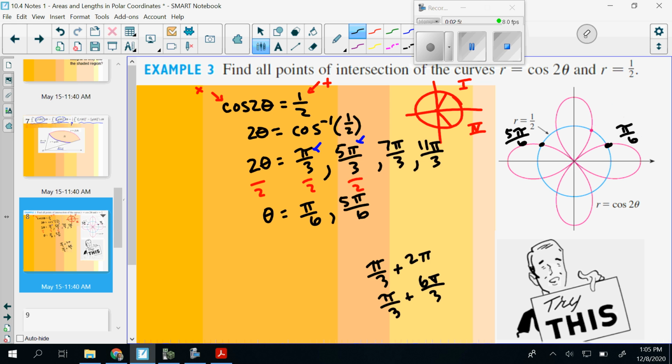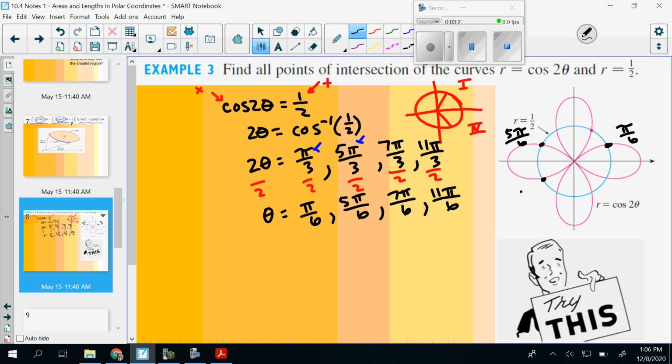So if we continue and also divide those by 2, because we want to find just theta, not 2 theta, we have some more answers here. So 7 pi over 6 would be an answer, and 11 pi over 6. So those would give us these other values on here as well. So here's where 7 pi over 6 would be, and 11 pi over 6 would be here.